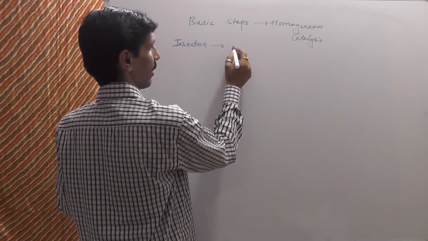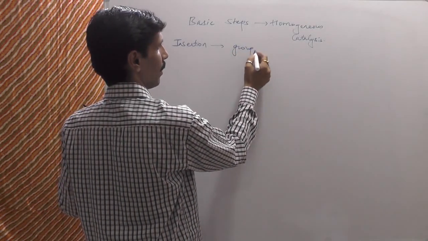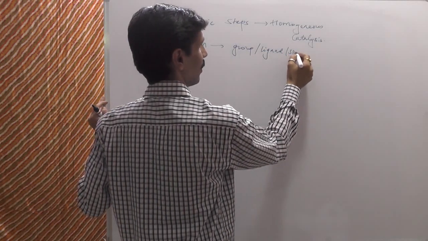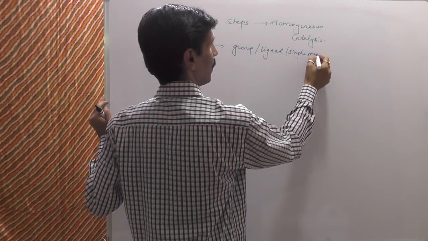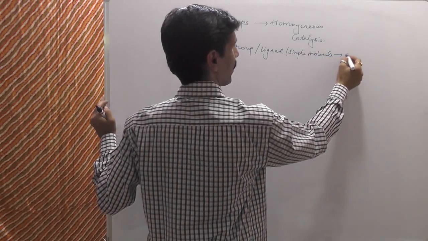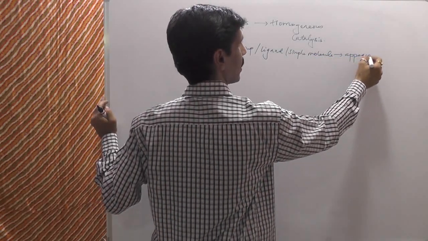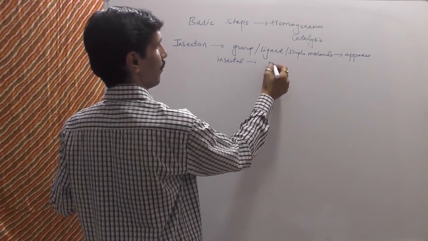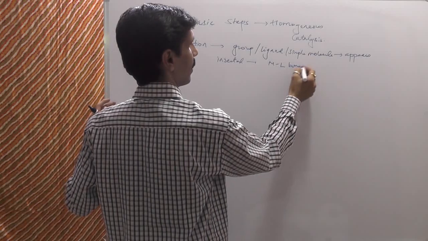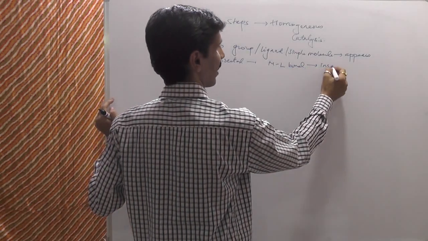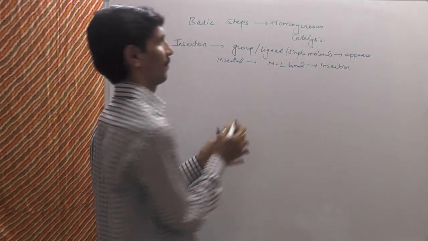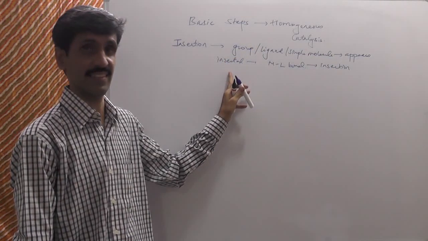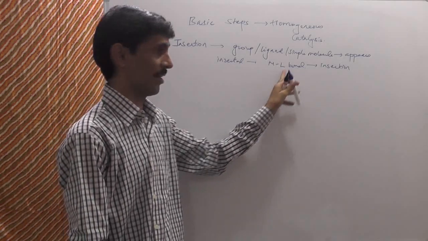When a group or a ligand or a simple molecule appears to be inserted in a metal ligand bond, then that particular reaction is called what?